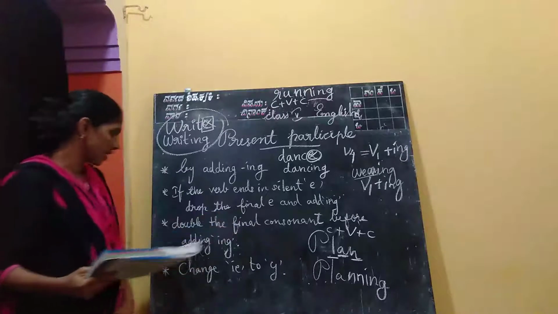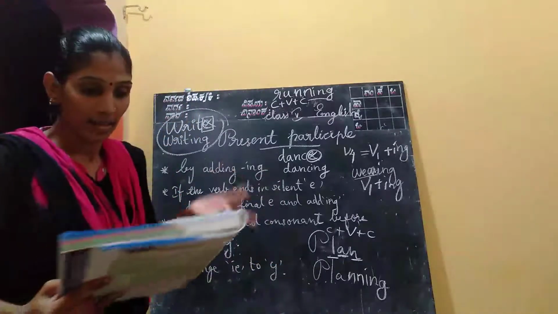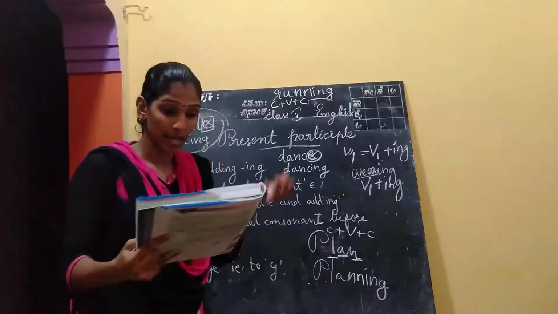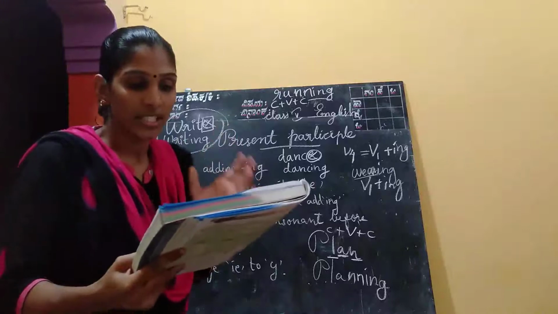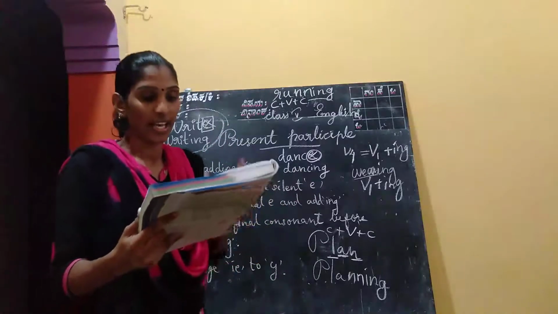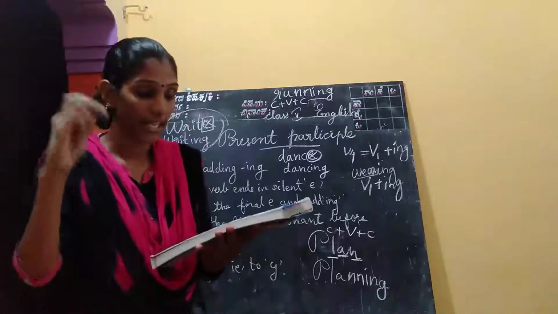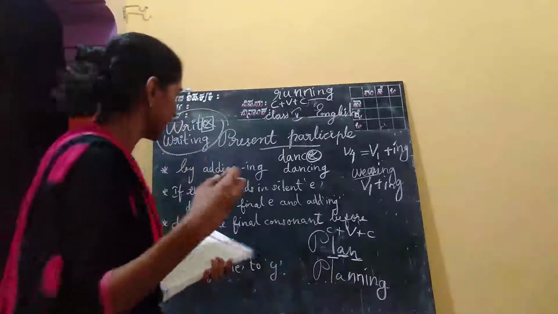And the last one, change IE to Y. See, last one, last point. If the verb ends in IE, change IE to Y and then add ing. For example, die.